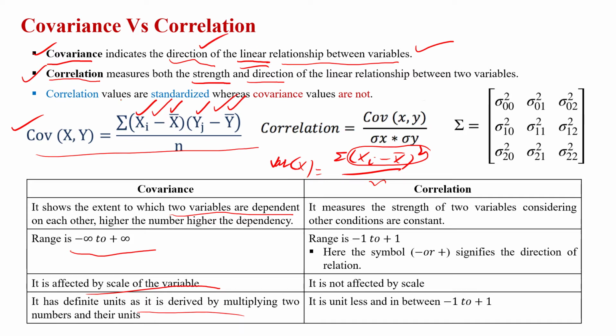Remember that when we talk about correlation, we are calculating the linear relationship between the two variables, not the non-linear one. The advantage of the correlation is that it uses standardized values instead of the actual variable values.